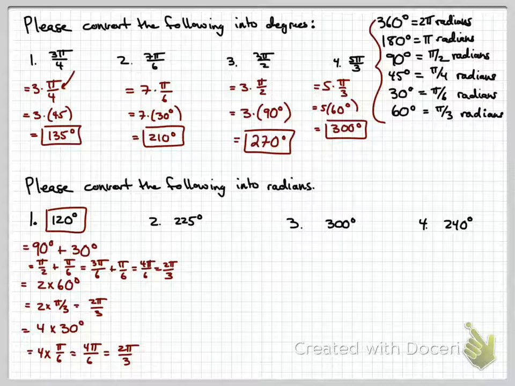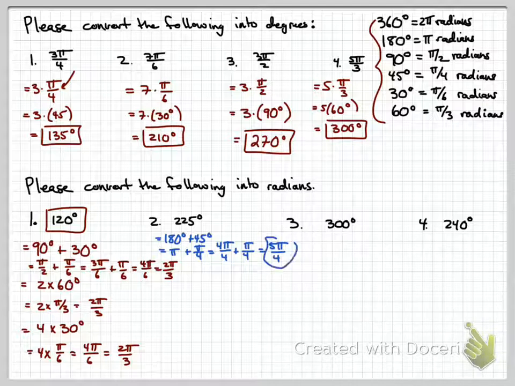So I'm going to go ahead and rewrite 225 degrees as 180 degrees plus 45 degrees. And luckily, both of those are our go-to angles, ones we know. So I think we've got pi radians plus pi over 4 radians. So I'm going to rewrite this as 4 pi over 4 plus pi over 4 equals 5 pi over 4.